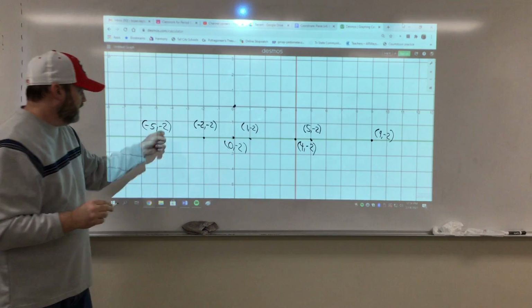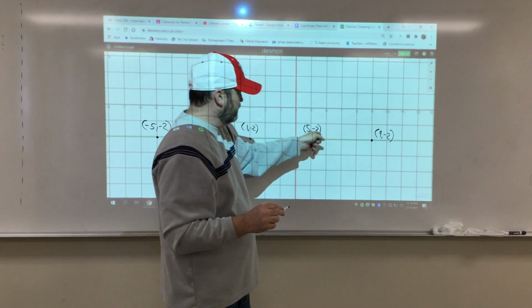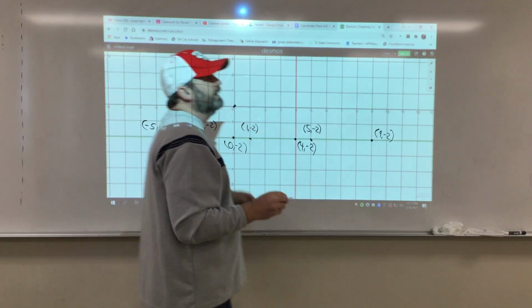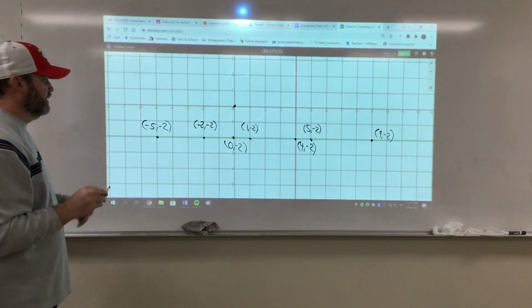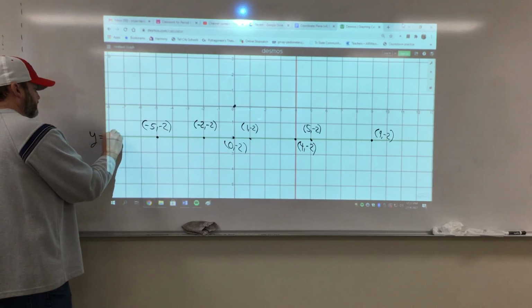This time, y is -2, y is -2, y is -2. It's the y value that never changes. So this equation is y equals -2.